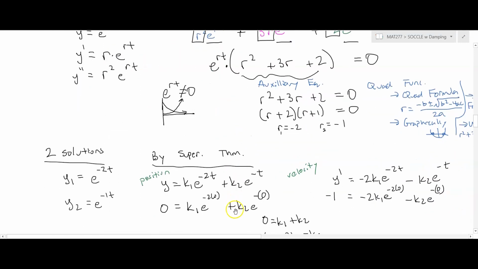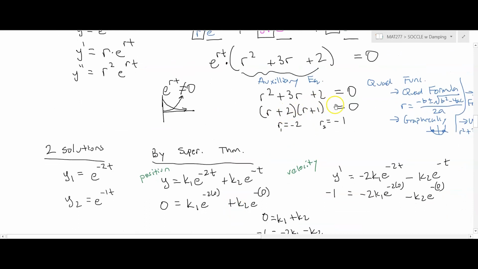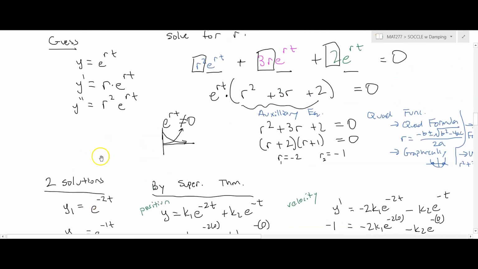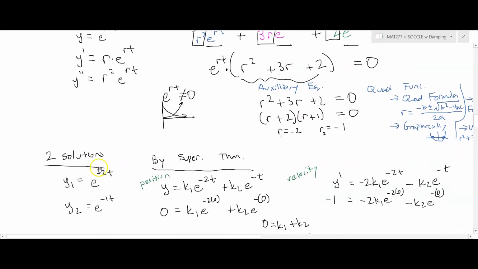And then once we had those two values of r that we solved, in this case this was factorable, then we constructed our two solutions because we have two values of r, so two different exponentials will work, one with negative 2t and one with negative 1t.